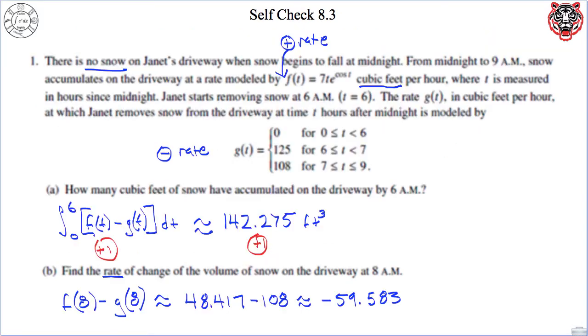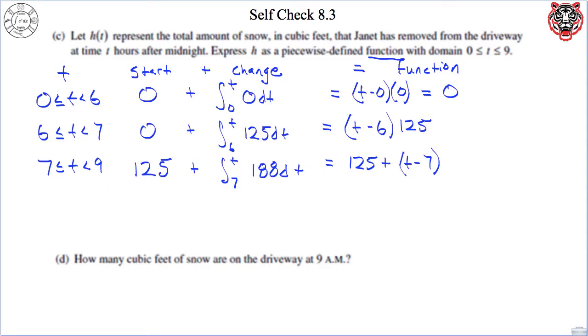Oh yeah, it is. I don't know what I'm writing here. Get rid of that. It is 108. I copied that down wrong. T minus 7 times 108. I was about to do it again. 108. And there you have our functions.